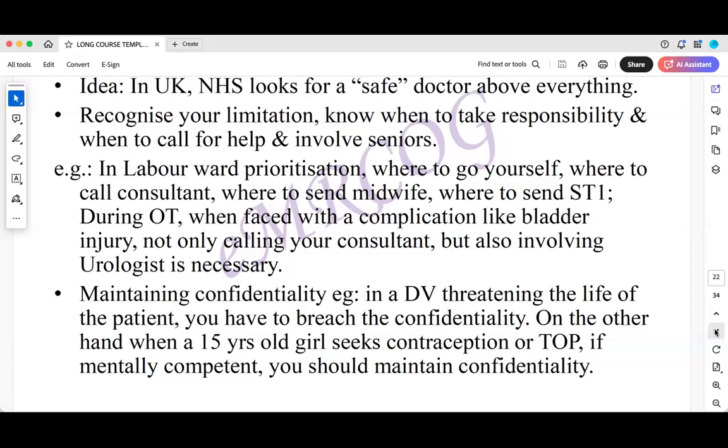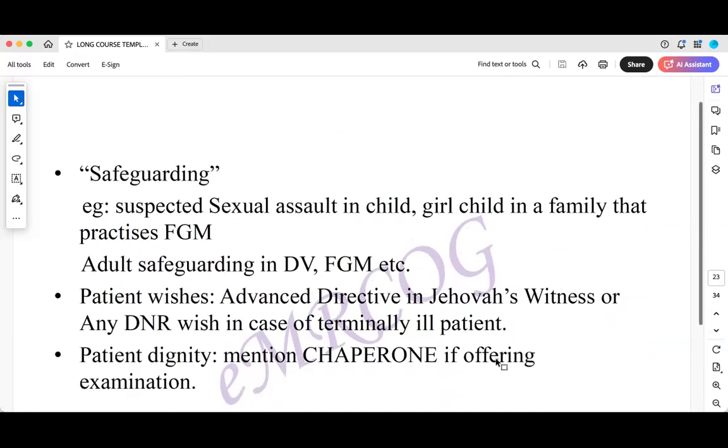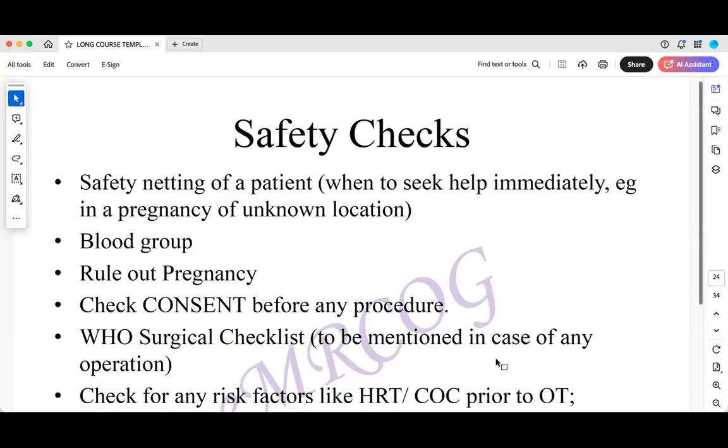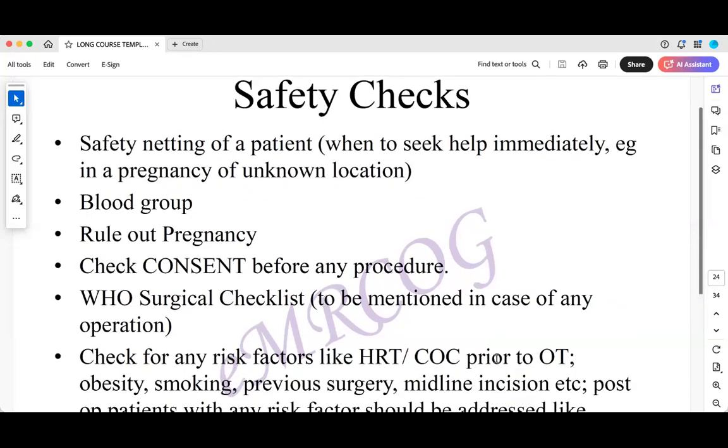This is the most important module, as I told you, in the task. Other points of safety that you have to check: for example, if you're sending a patient home, you have to make sure that there is somebody at home to help her. A patient with a query ectopic or pregnancy of unknown location, and you're sending this patient home, you have to make sure where she lives, how many kilometers or miles away from the hospital, and whether she has somebody to bring her to the hospital or not.